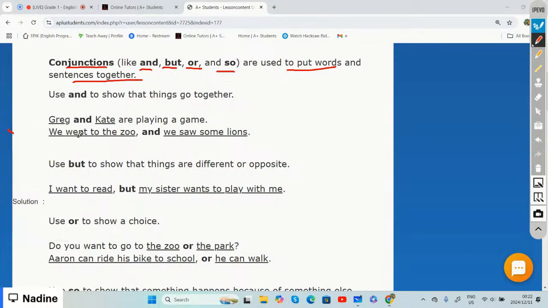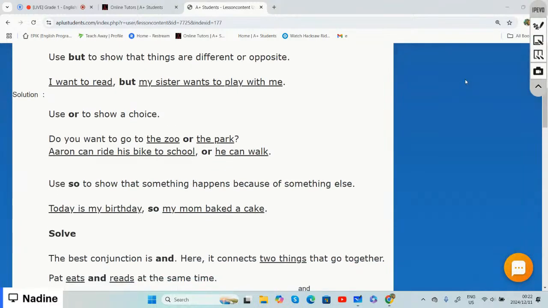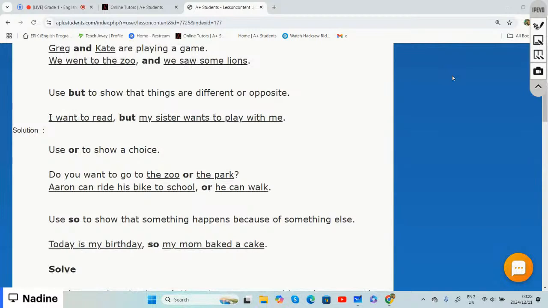We use the word and to show that things go together. We use the word but to show that things are opposite. We use or to show a choice. It's either this or it's that. And we use so to show that something happens because of something else.